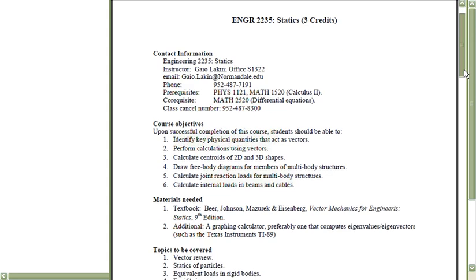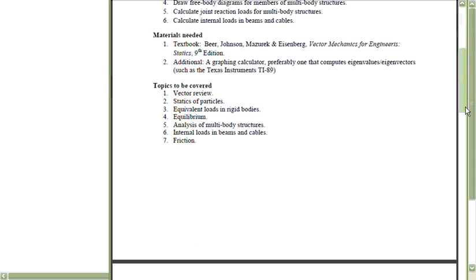The necessary materials. There is a textbook. You really won't need it for this class, but it is a good idea for all of you to have a statics book on hand for future classes. So I think it's fair to think of it as required.